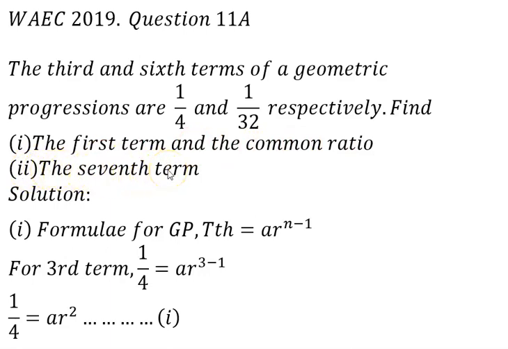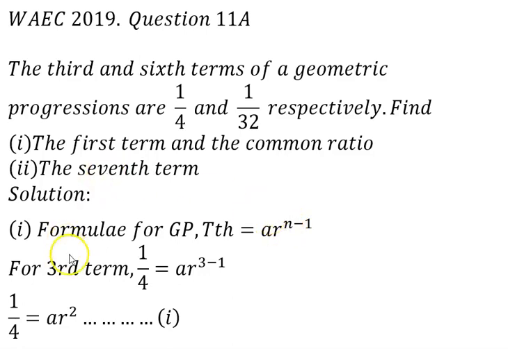Don't forget, in AP we use common difference, in GP we use common ratio. So first thing first, let's get the formula for GP. It's just AR raised to power n minus 1, where A is the first term, R is the common ratio, and n is the number of the term.